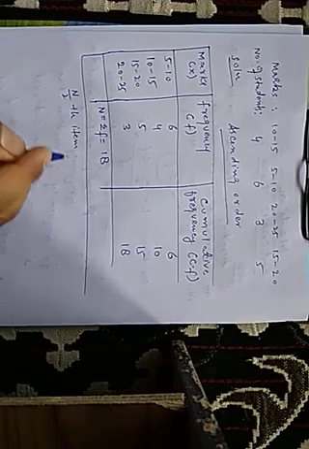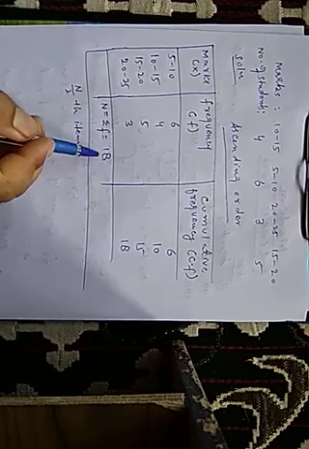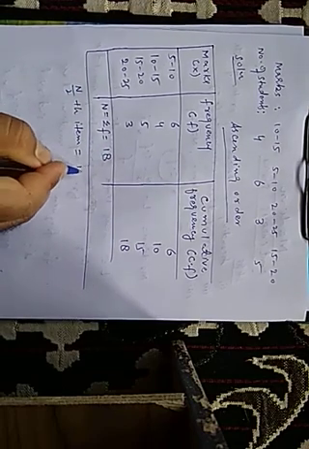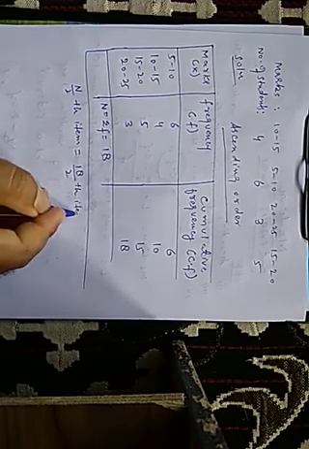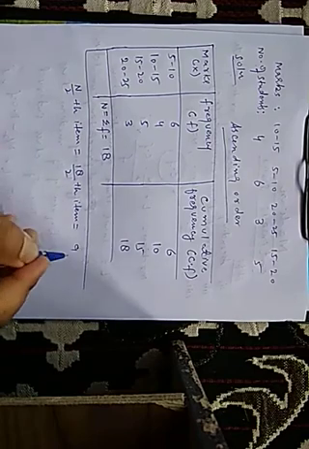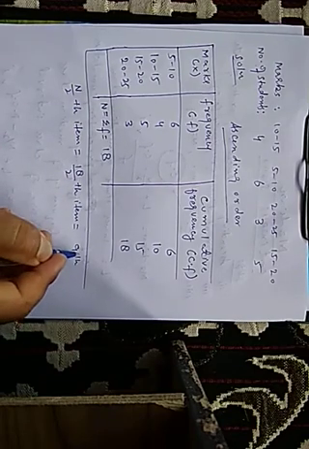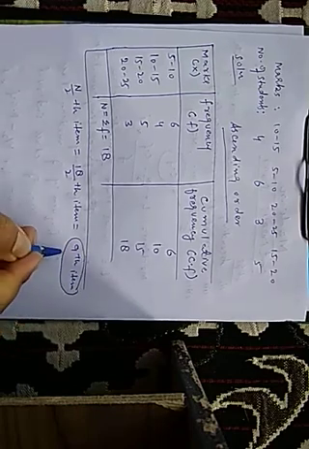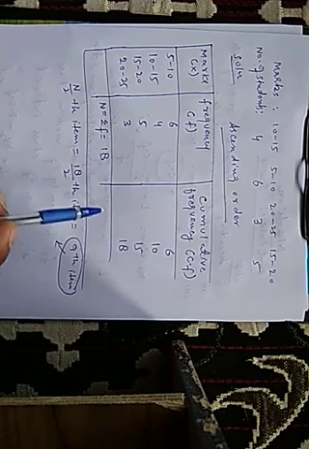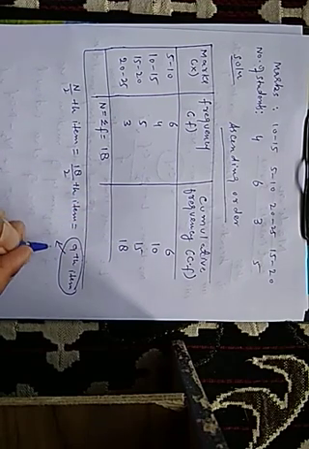Now we will apply the formula N divided by 2th item. First we will calculate N by 2th item. It is equal to 18 divided by 2, which will be equal to the 9th item, and this value we have to find out in the values of cumulative frequency.